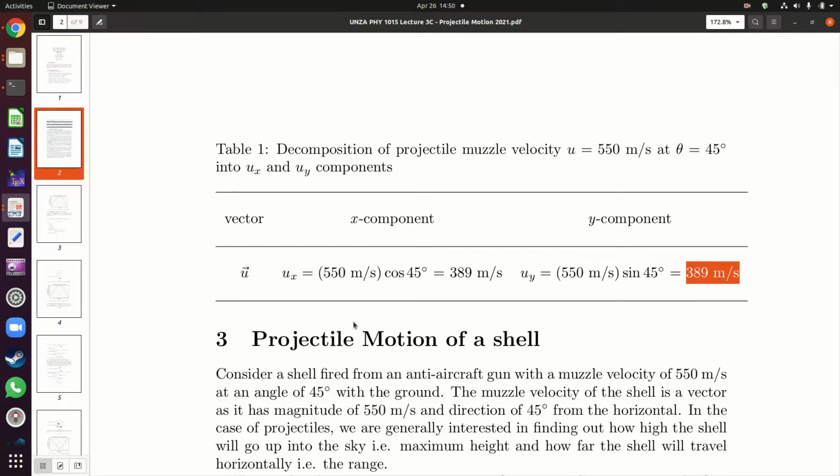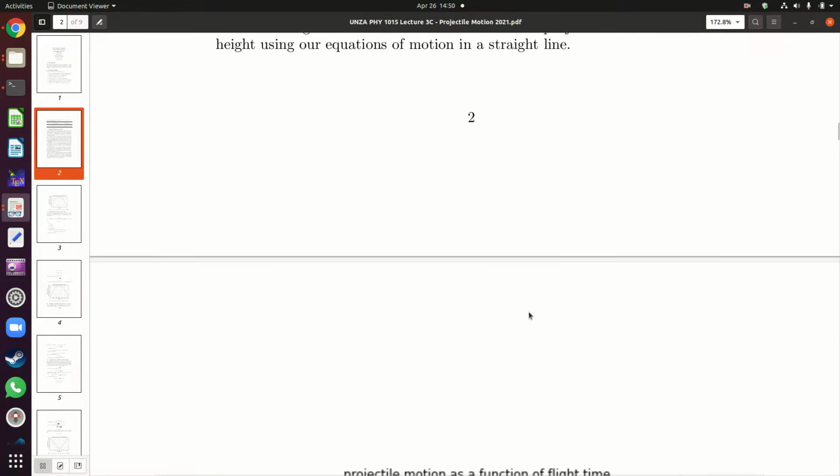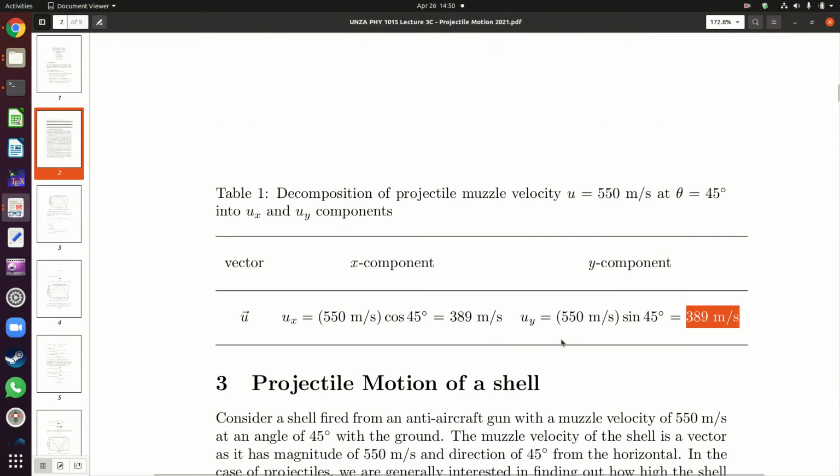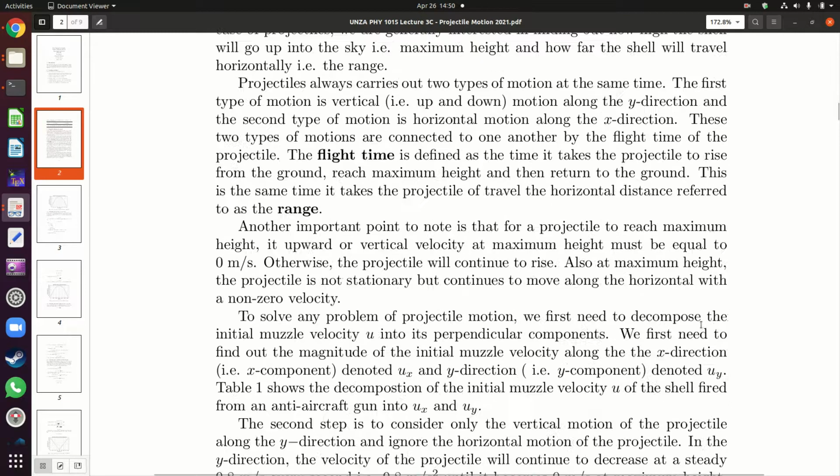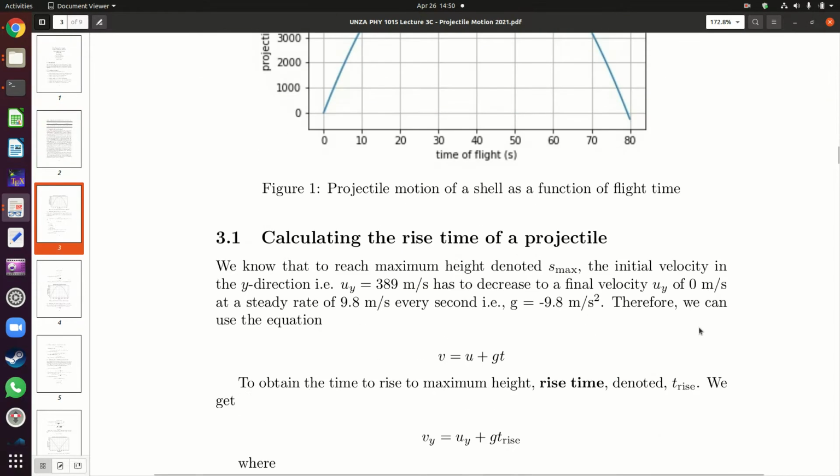In the x direction the velocity is constant, but in the y direction the velocity is not constant because there's acceleration. So in the y direction, the initial velocity uy is 389. We're going to use this 389 to find out the rise time. How much time does it take to get to maximum height?